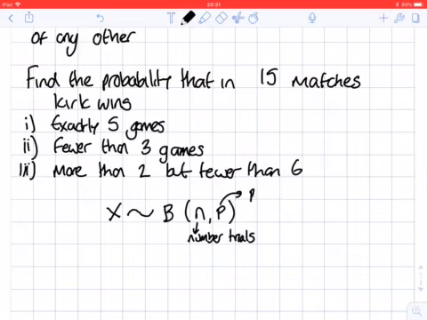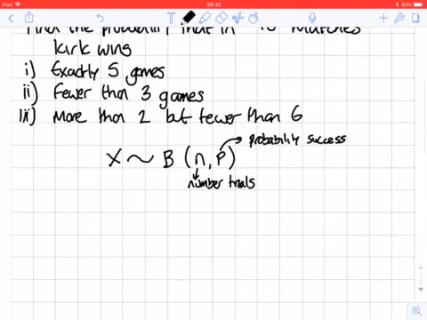Our p is the probability of success. So in this game, the probability of success is Kirk wins, and we know that's 0.3. Our number of trials is 15. So in shorthand form, we can say we've got a binomial distribution where the number of trials or games is 15, and our probability of success is 0.3.